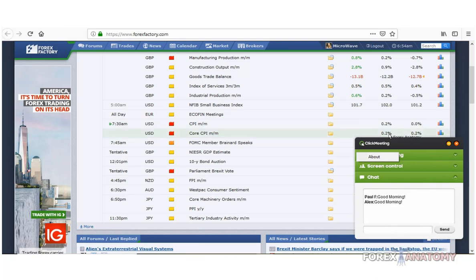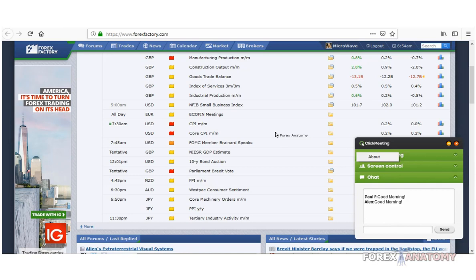We're expecting to see an increase of 0.2% on a month-to-month basis in the consumer price index, or this inflation figure. So this would definitely have an effect on the US dollar from an intraday perspective.